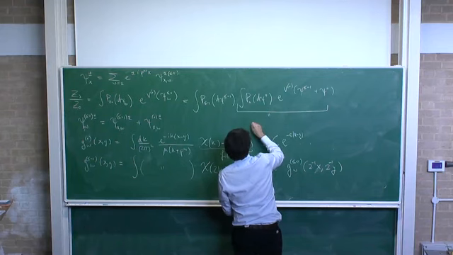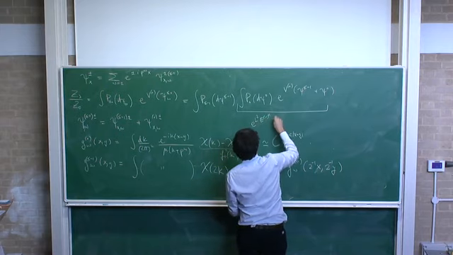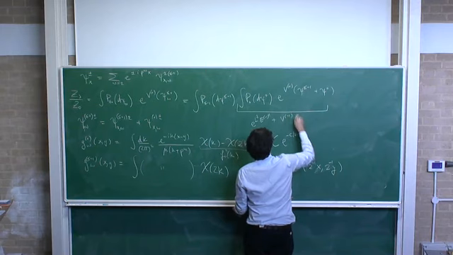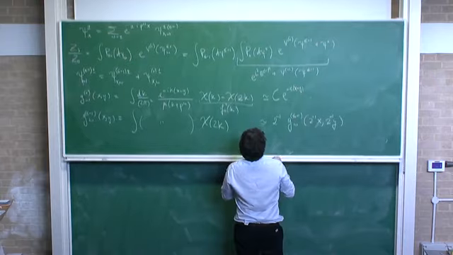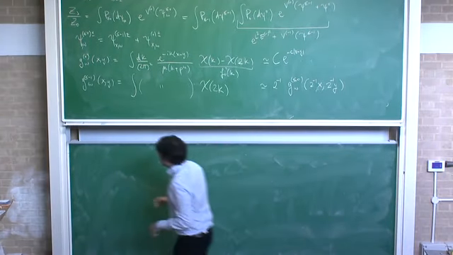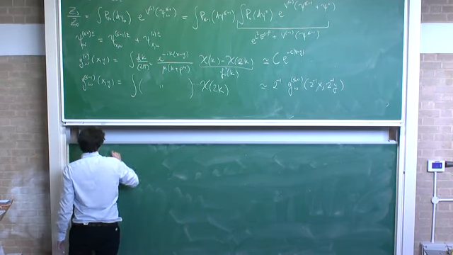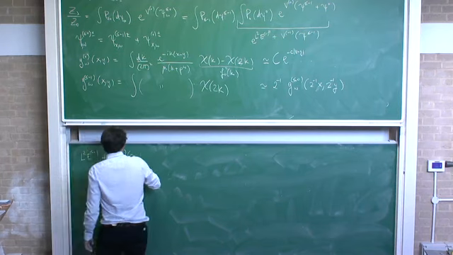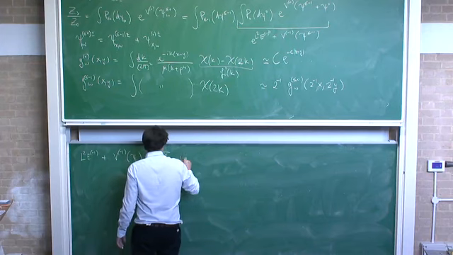So this thing here I write as e to the minus L squared E minus 1 plus V minus 1 of psi smaller equal to the minus 1. And this combination can be written as follows.